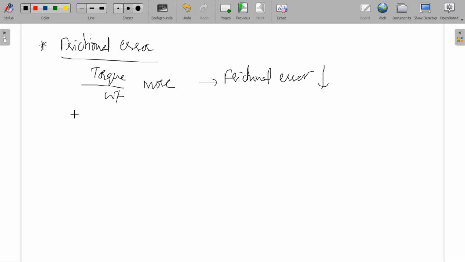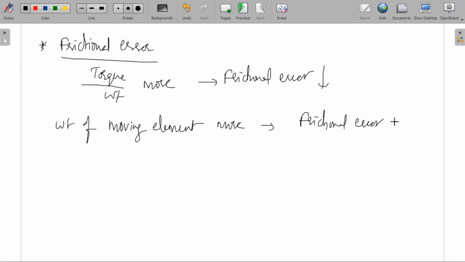Whereas in case of this wattmeter, dynamometer type instrument, weight of moving element, moving element means pressure coil, is more, then frictional error will be more. It is more only.